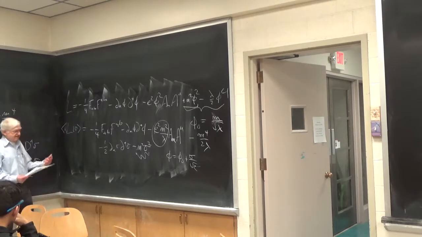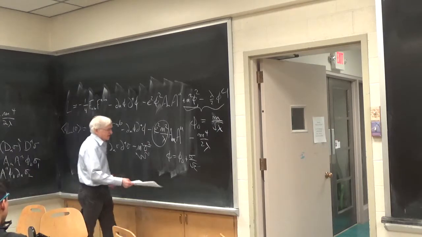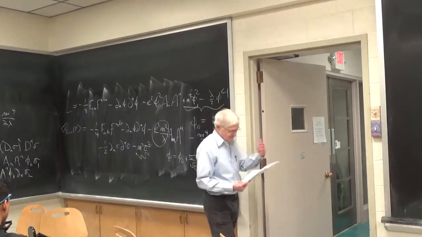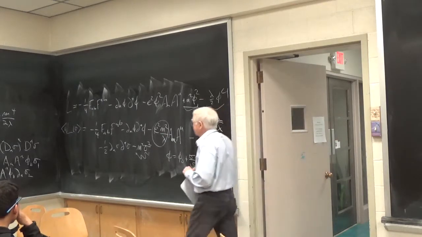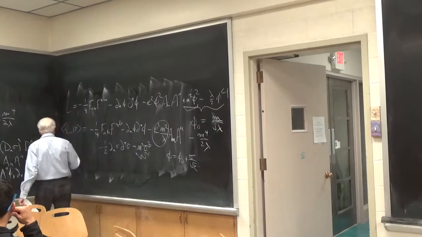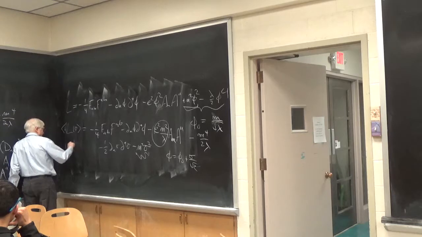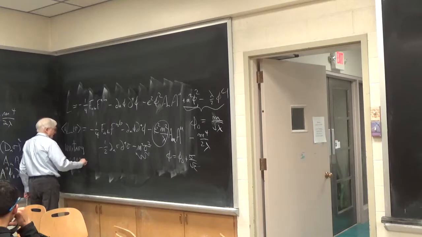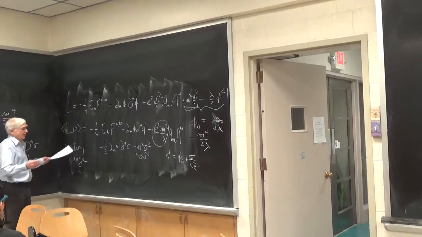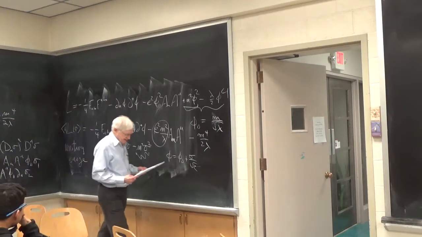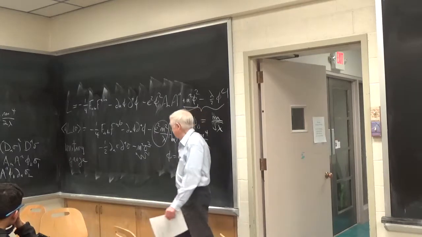And then interactions that are cubic and quartic amongst the scalar field, the electromagnetic field, and self-interactions and so forth. This is called the unitary gauge. In the unitary gauge, you see more clearly what the fields are, and this is called the Abelian Higgs mechanism.